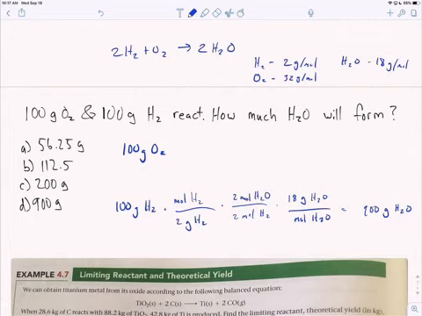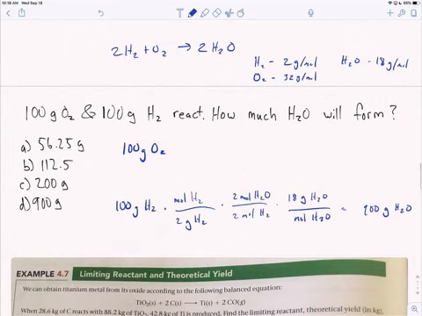No, it's just because of the units. This one's going to be moles O2, and then H2O. The order doesn't come from the equation. This ratio comes from the equation, but the order is not. 2 moles H2O, 2 moles H2O. Okay. We'll come back to that.